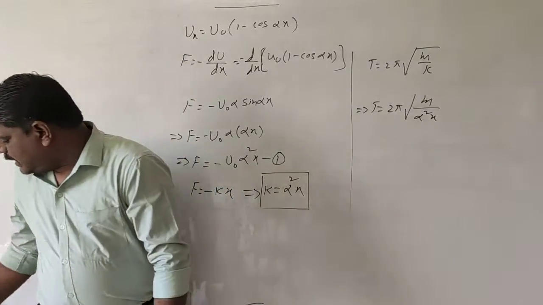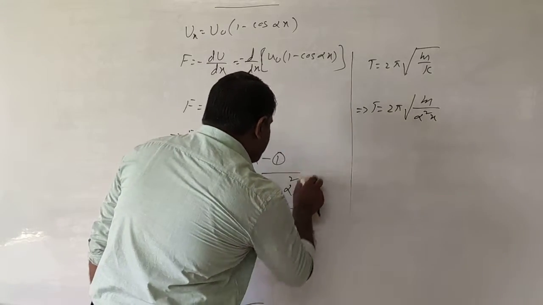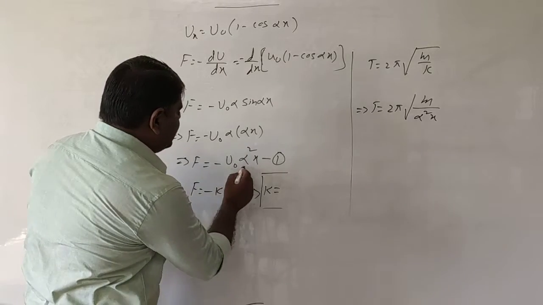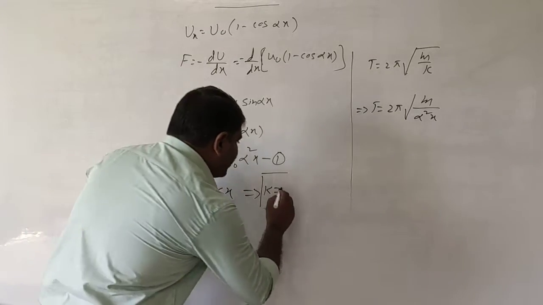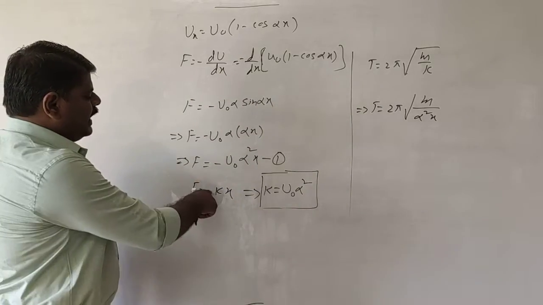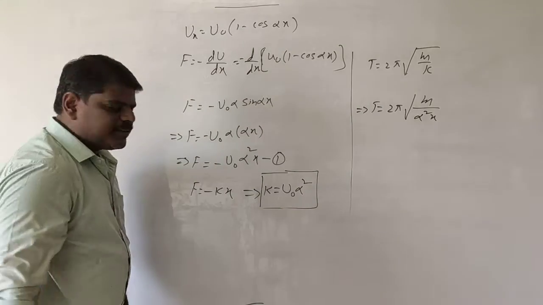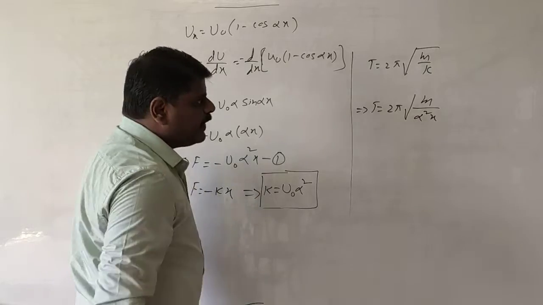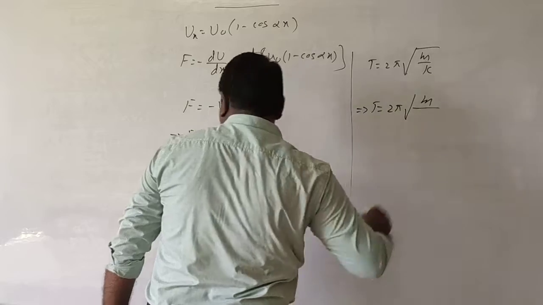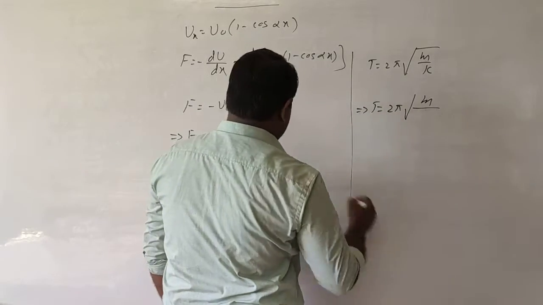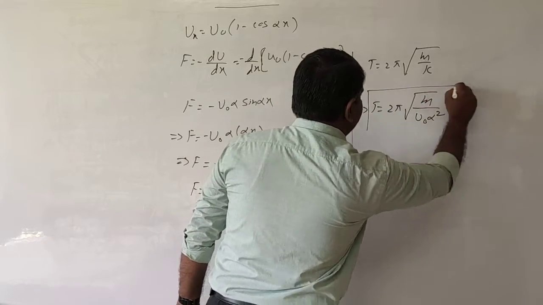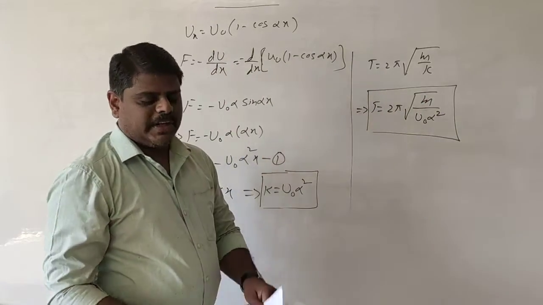Wait a minute, k is equal to U0 alpha square, because at the place of k, U0 into alpha square is there. So we get m by U0 alpha square. This is the required time period of the oscillations.